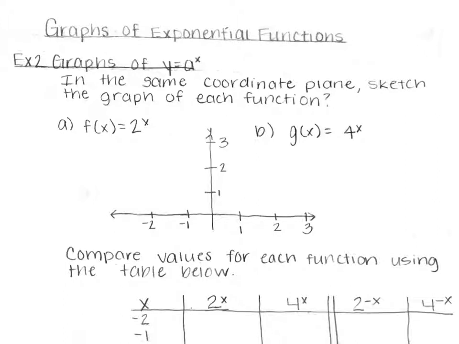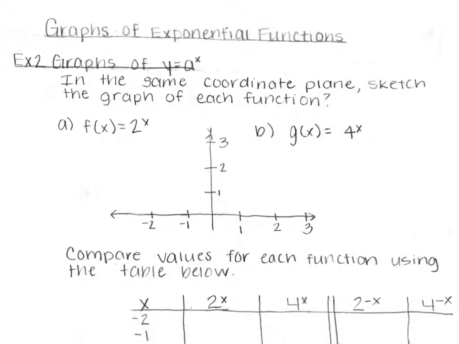All right, so now let's explore the graphs of exponential functions a little bit. So we have example 2, graphs of y equals a to the x. So in the same coordinate plane, we're going to sketch the graph of each function. So 2 to the x, we know that 2 to the 0 power is 1.